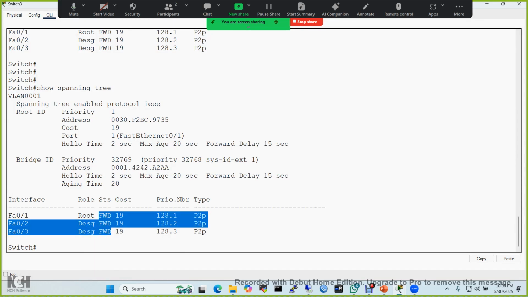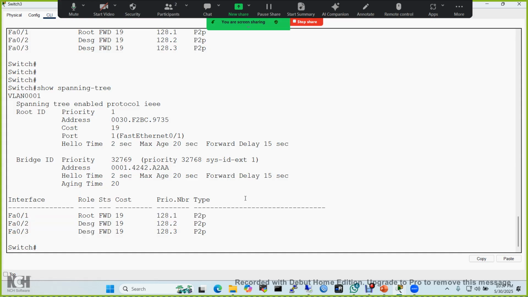Forwarding. How many statuses do we have for switch ports? In general, we have 5: disabled, blocking, listening, learning, and forwarding. Yes, fine.